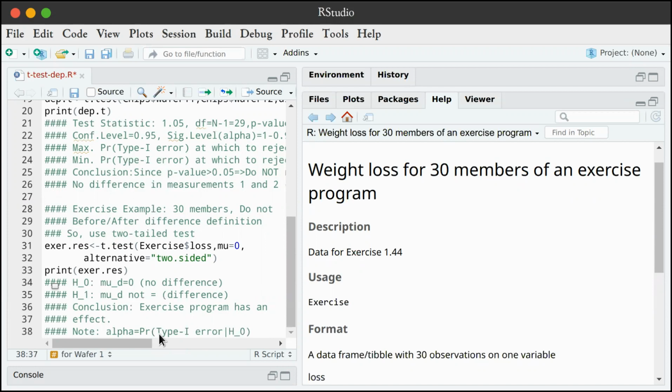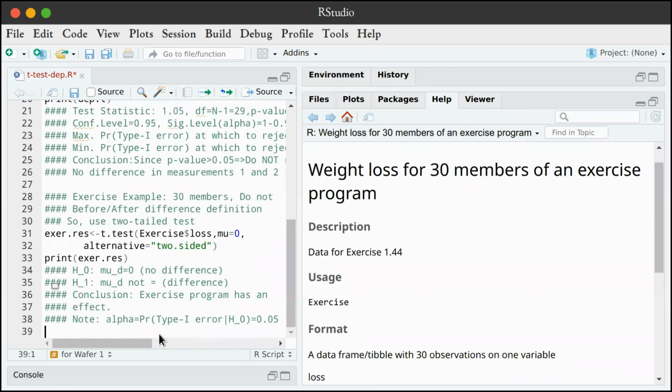And the minimum value at which I can reject the null to avoid a false positive was 0.05. The data is telling me, well, forget about that.